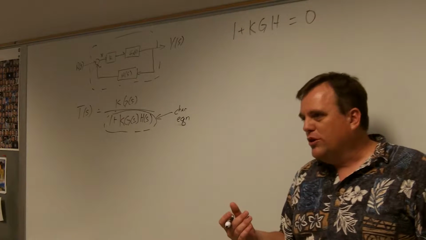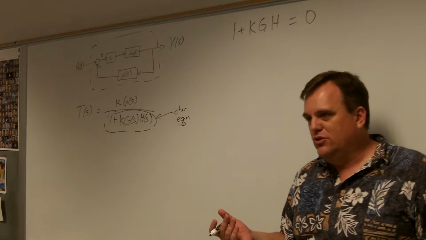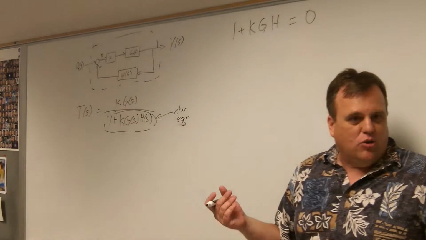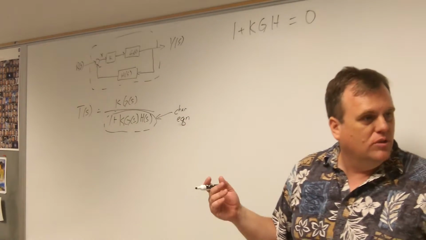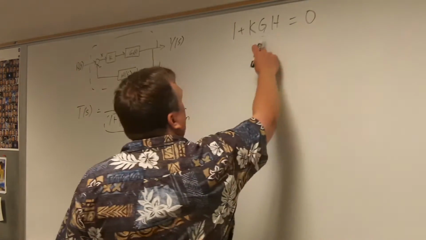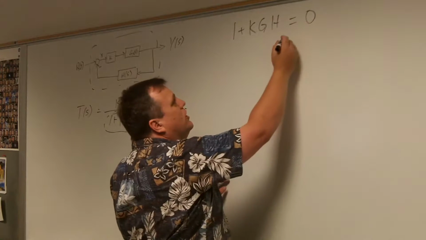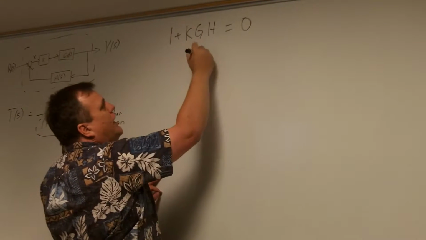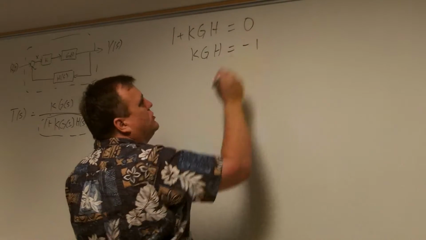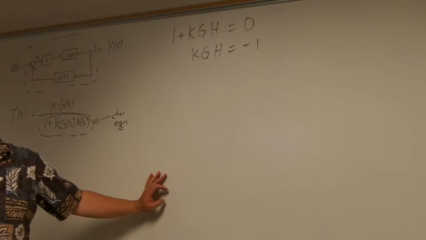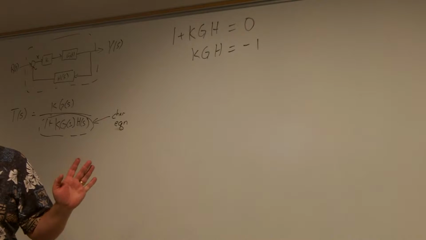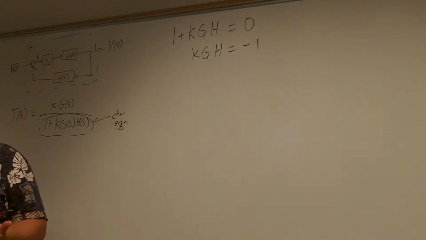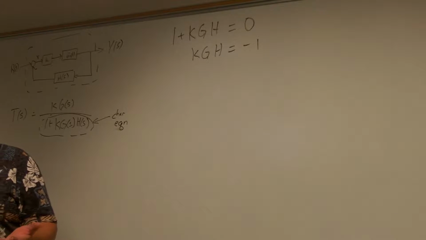When we go to polar coordinates, we're concerned with magnitude and phase. Phase is your angle, magnitude is the radius. So we're going to ask what is the magnitude and phase of this equation. But to do that, we're going to slightly rewrite this equation. This becomes K, G, H equals -1. It's not a major rewrite, but now to figure out magnitude and phase, it's a much easier thing to do.